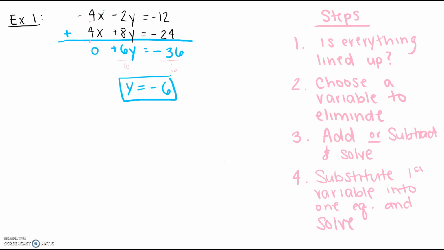So it doesn't actually matter which equation you use, and your first variable isn't always going to be y, it could be x. But what we're going to do, I always recommend substituting it into the first equation. So let's do that. Negative 4x minus 2, and we're going to replace y with this y.